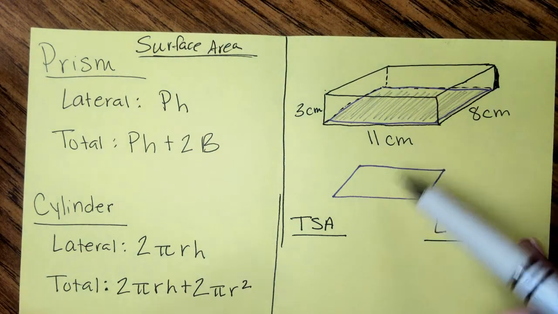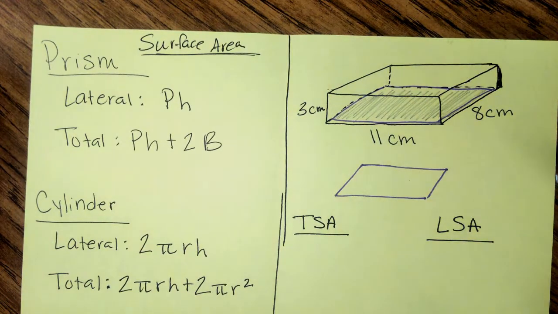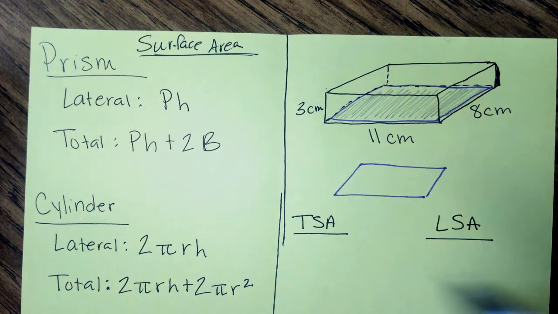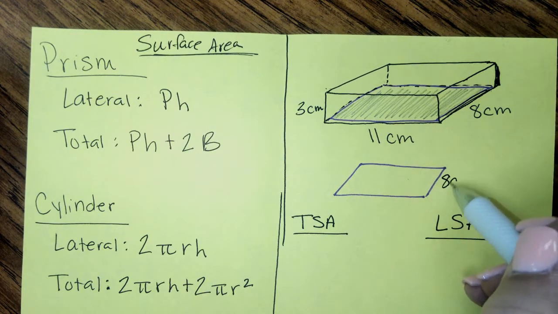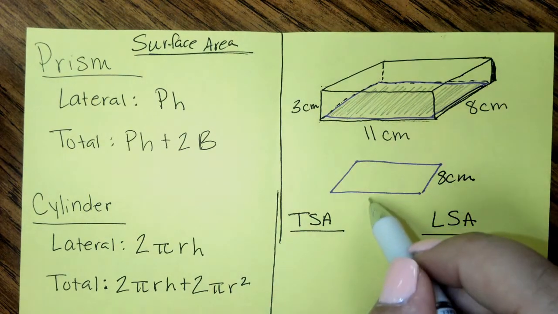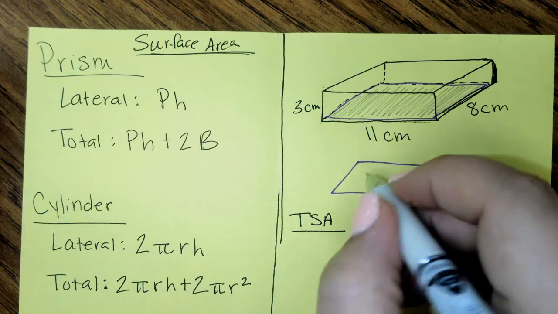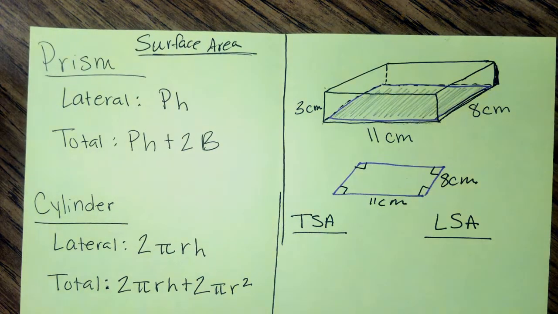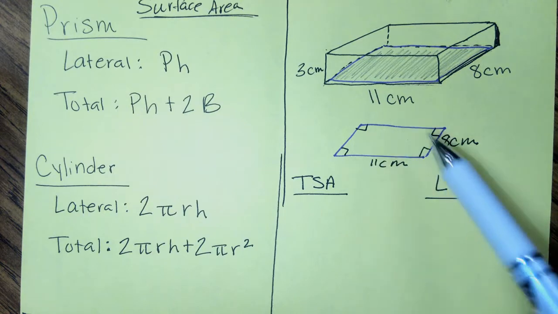It's a little slanted because I'm trying to make it look just like the rectangle in the picture, so it's easier for me to label all of my sides. This side here is 8 centimeters, and then this side here is 11 centimeters. Now this is a rectangle, so all of these really should be 90-degree angles. That is everything I know about the base.